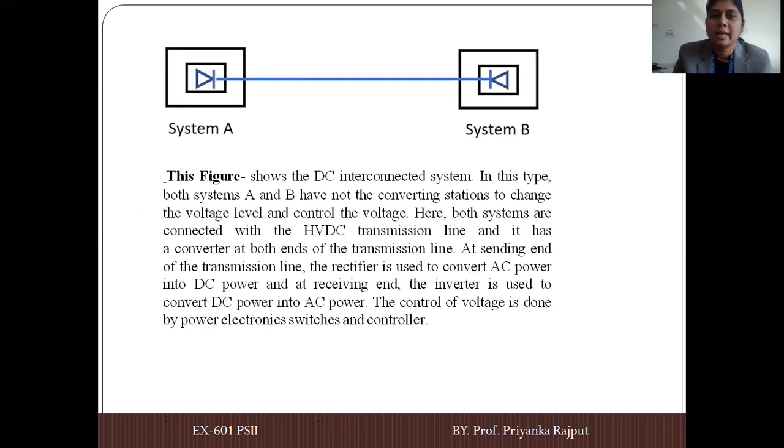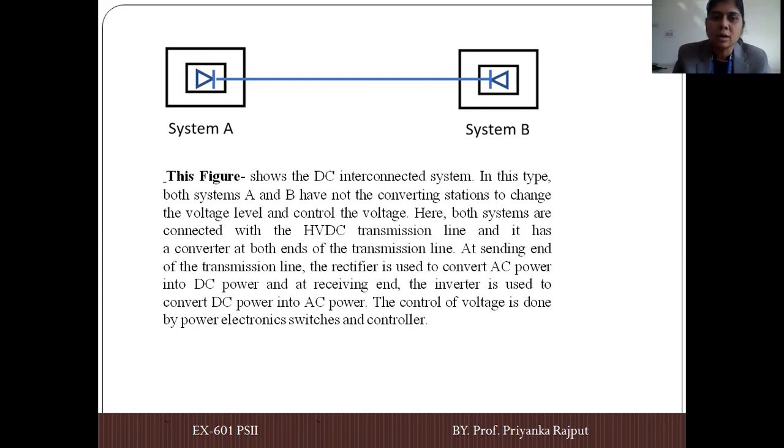Now, in the second diagram, you can see the DC interconnected system. In this type, systems A and B are connected through converting stations to change the voltage level and control the voltage. Here, both systems are connected with an HVDC transmission line, and there is a converter at both ends of the transmission line.